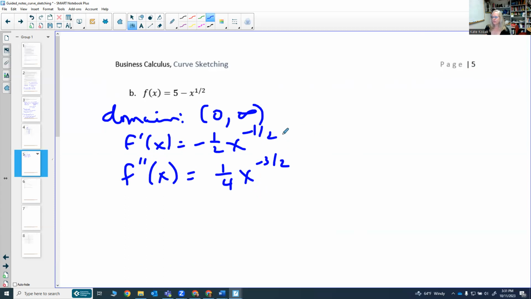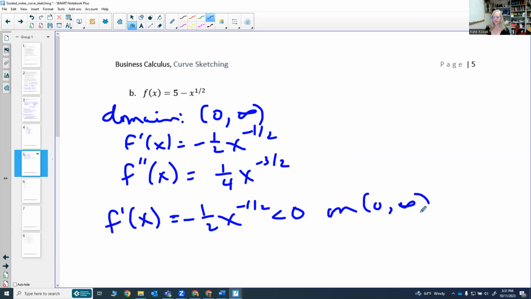Since neither derivative can equal 0, you want to look at the signs of both derivatives over the domain. So f prime of x equals negative 1/2 x to the negative 1/2 is less than 0 on the interval from 0 to infinity.